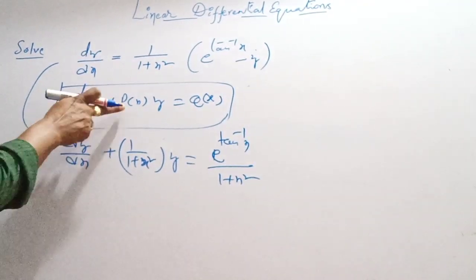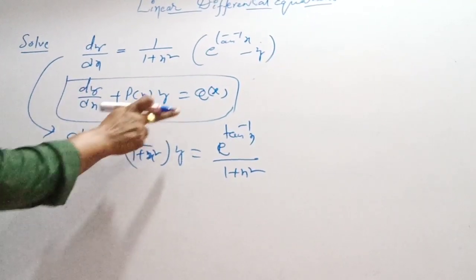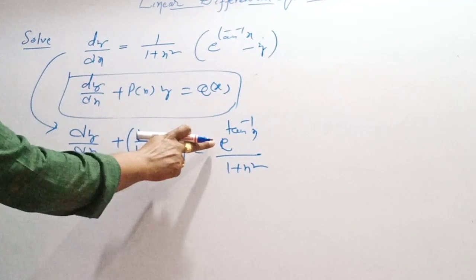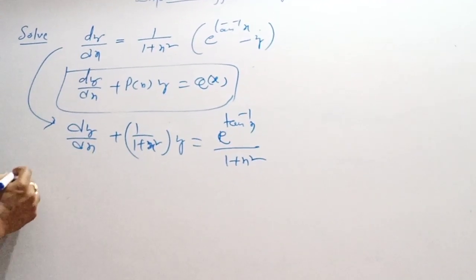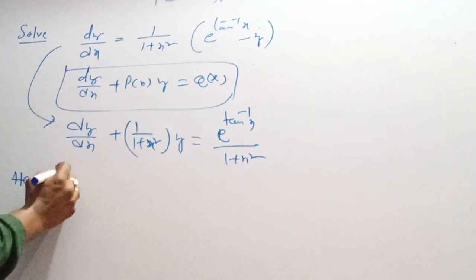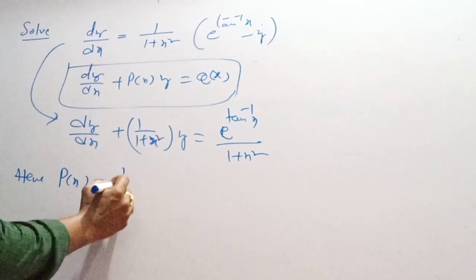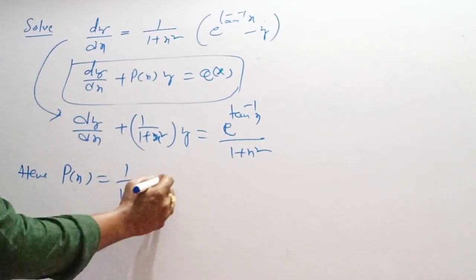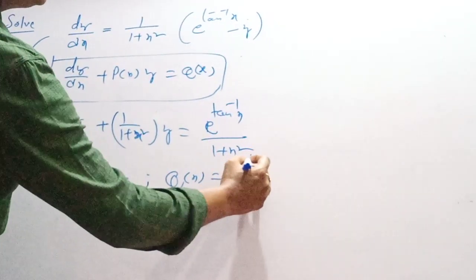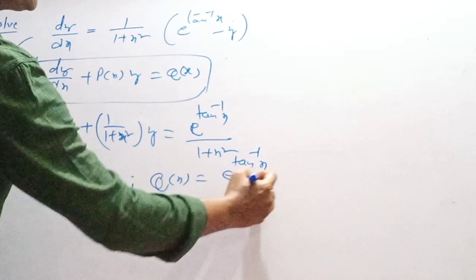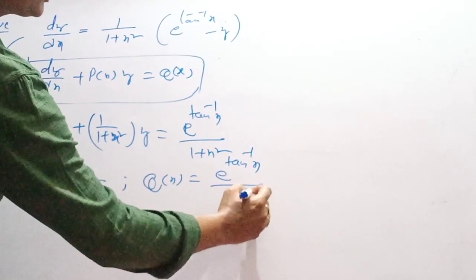Very clear. P(x) = 1/(1+x²) and Q(x) = e^(tan⁻¹x)/(1+x²).